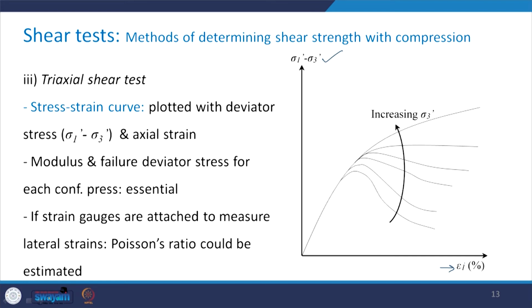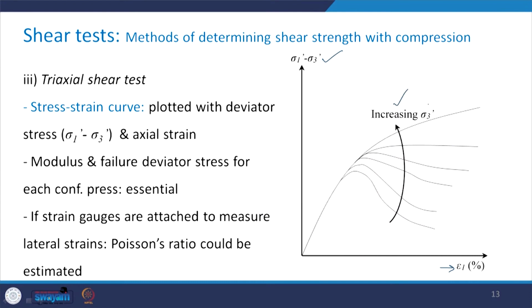And when we keep on increasing the value of sigma 3, you can see how the stress strain response of the same rock specimen changes when we increase the value of sigma 3 prime. So, therefore, the conclusion here is that the confining pressure significantly influences the shear strength characteristic of the rock specimen.